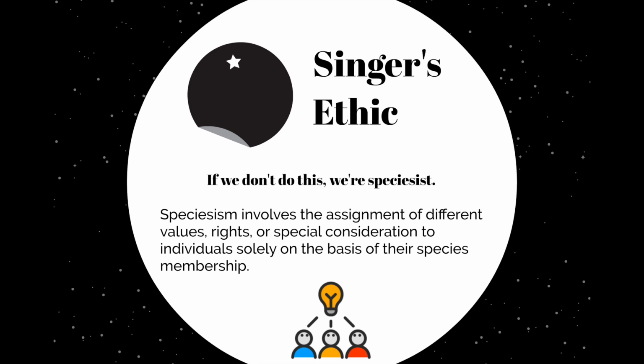Speciesism typically involves the assignment of different values, rights, considerations, etc., based solely upon species membership and not upon any ethically robust or important factors, such as whether or not animals are indeed being impacted, and whether or not they have an interest in limiting said impacts. So most of this work with Singer is placing animals in the ethical sphere.